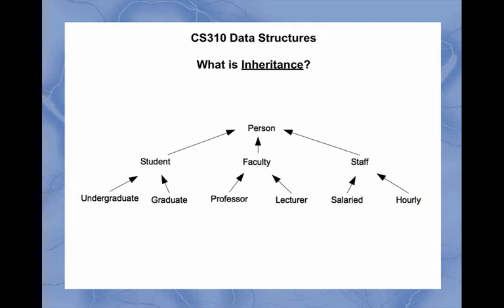But what's really important in CS310 and what we're primarily concerned with here is polymorphism. This is the real power of object-oriented programming. The big idea is this. Suppose I have some kind of container class and I want to store things in it.